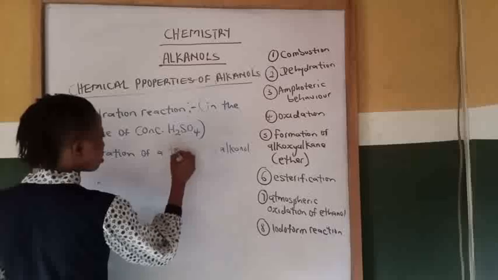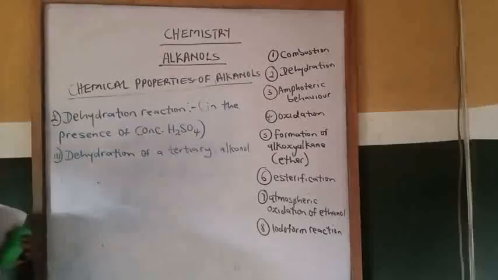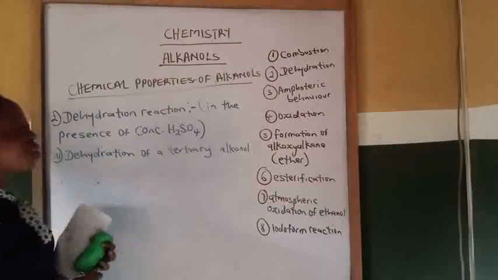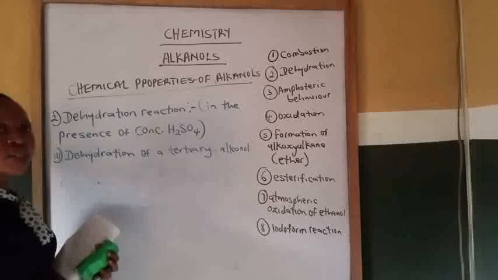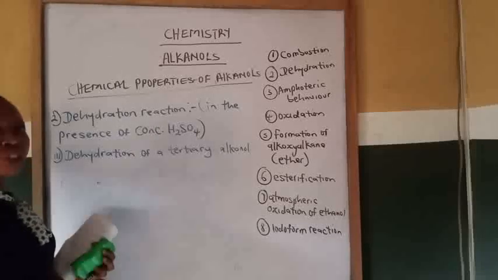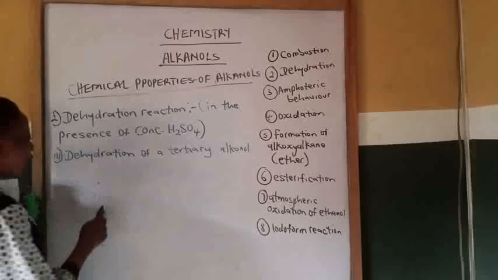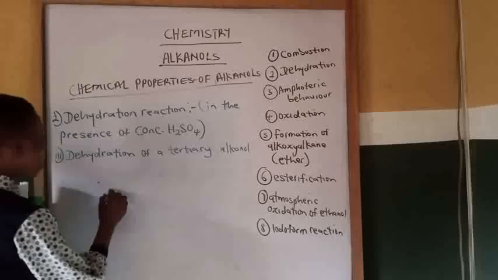Of a tertiary alkanol. What is a tertiary alkanol? This is when three alkyl groups are bonded to the carbon atom holding your functional group.